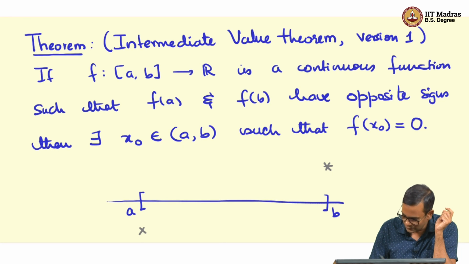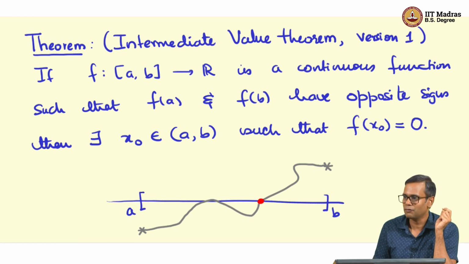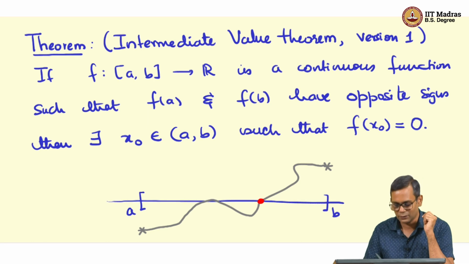It would go from this negative value to the positive value. Somewhere it must cross the x axis in going from below the x axis to above it. But this is not a proof, this is just an intuitive idea of why this theorem should hold.